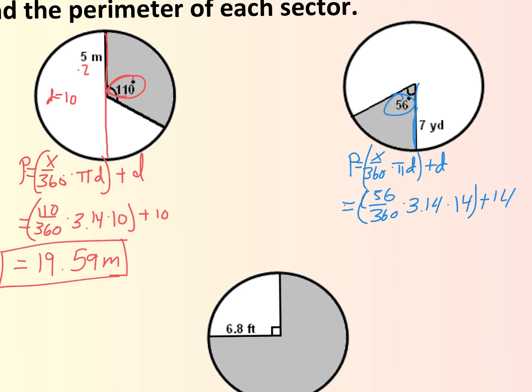And we're going to add 14 there at the end. And when you round it correctly, you end up with 20.84 yards.